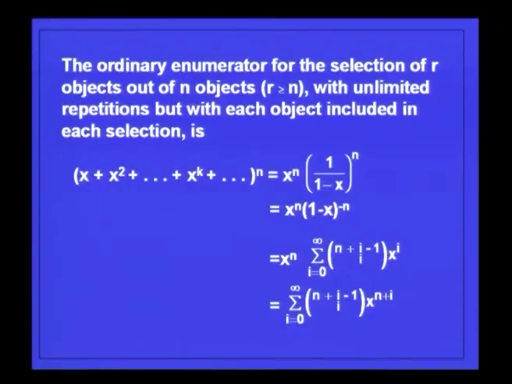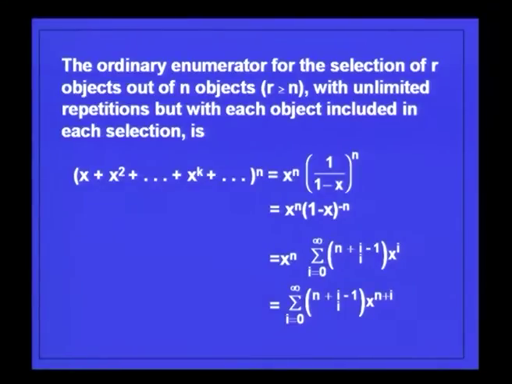Now, the ordinary enumerator for the selection of r objects out of n objects, where r is greater than or equal to n with unlimited repetitions, but with each object included in each selection is this. Now, before that, each object need not be included.